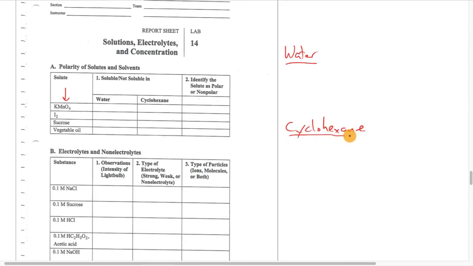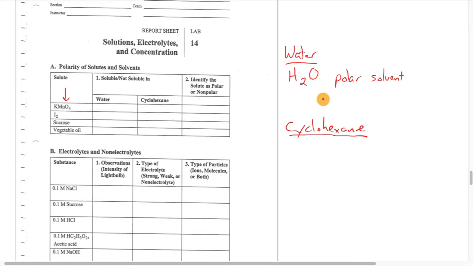Now this is going to echo what you see in the lecture videos, okay? Water, if you watch those lecture videos, I talk a lot about water. It is our classic polar molecule. Since both of these are acting as solvents here, I'm just going to say polar solvent, using language that ties in with the experimental part. The reason it's polar is that you have an electronegative atom.